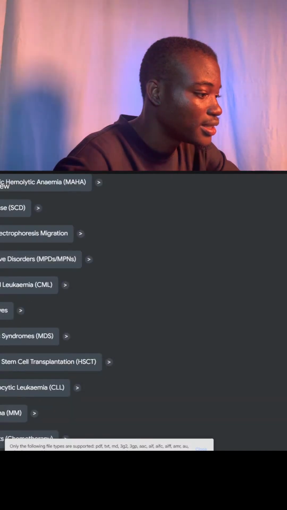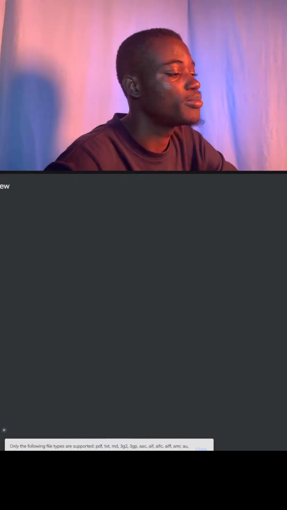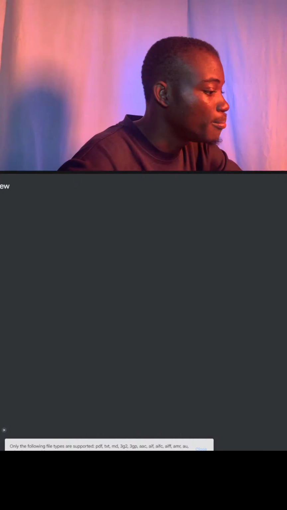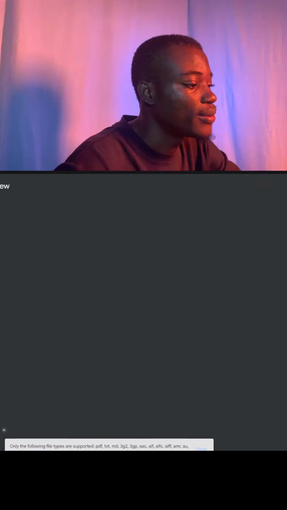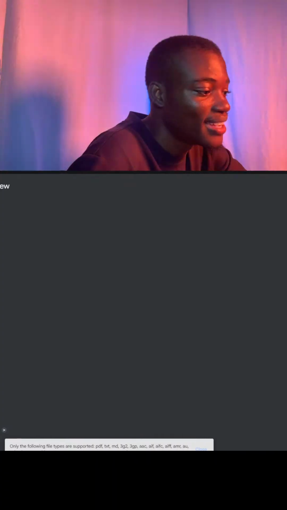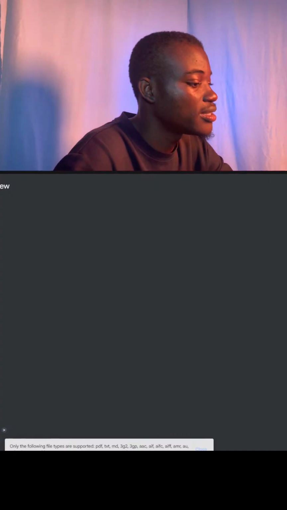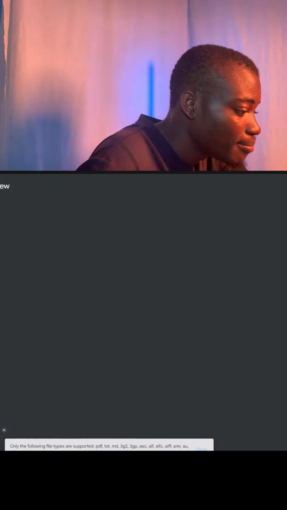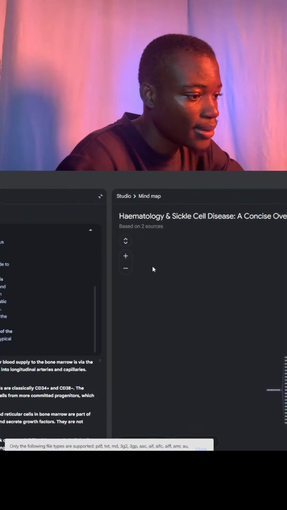And of course you can see from the top there's bone marrow fundamentals, there's erythropoiesis, there's RBC metabolism, there's iron metabolism, there's malabsorption syndromes, microangiopathic hemolytic anemia, sickle cell disease, hemoglobin, erythropoiesis, myeloproliferative disorders, what it is and what it's not. I'm going to close this tab.